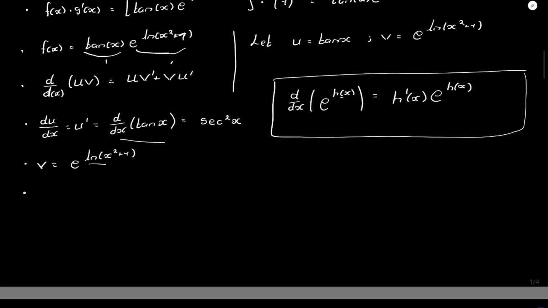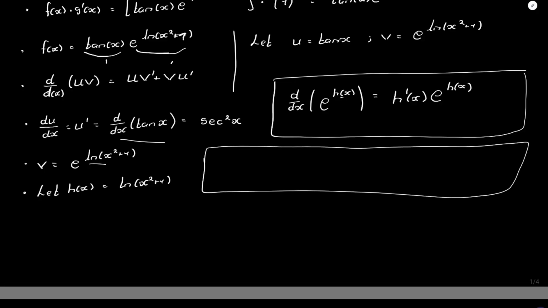So first of all, what is our h of x? Let h of x be equal to ln of x squared plus 1. Now, we still recall very well when working with the derivative of logarithmic functions, it was stated that the derivative with respect to x of a function ln of, what should we use this time, let's use n of x, is equal to n prime of x on n of x.